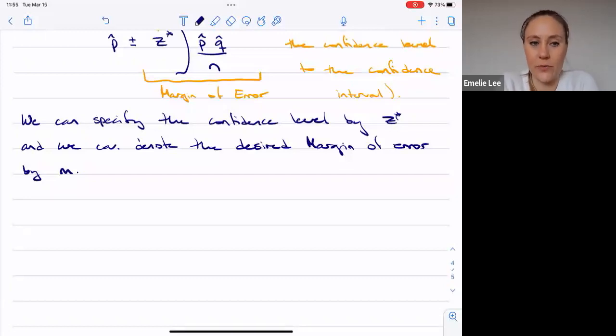You can use whatever variable you want, but I'm going to use m, and I'm pretty sure m is what I've used on your formula sheet. So it is on your formula sheet, but there's a couple of things I want to point out.